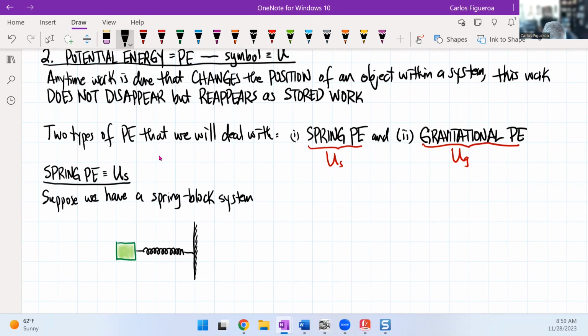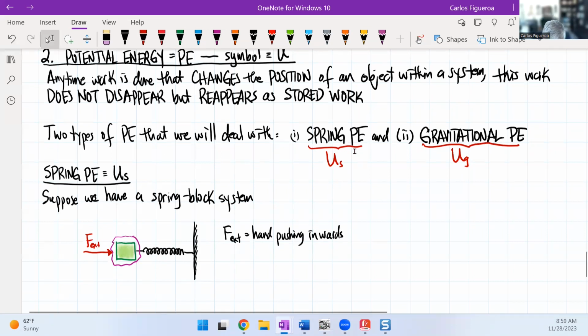Now what I'm going to do is apply a force on this block. I'm going to focus not on the spring, but on the block. I'm going to apply an external force. Now, this external force is going to be my hand. So I'm going to say that the external force is my hand pushing inwards.